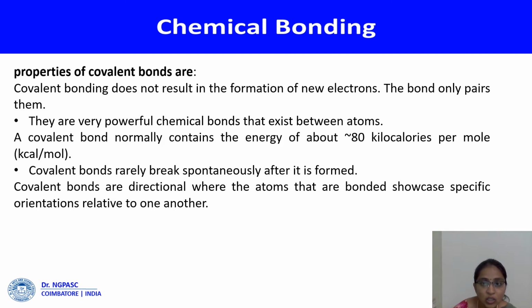A covalent bond normally contains energy of approximately 80 kilocalories per mole. Covalent bonds rarely break spontaneously after they are formed, so a covalent bond is a very strong bond. Covalent bonds are directional, where the bonded atoms show specific orientation relative to one another.